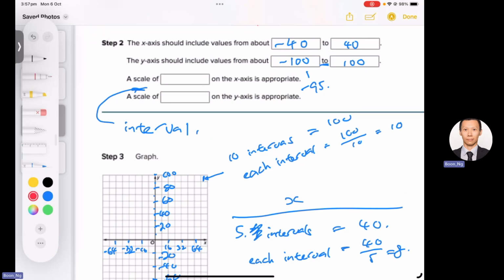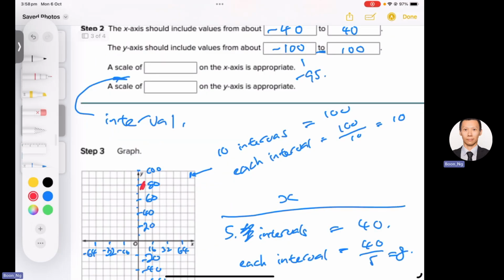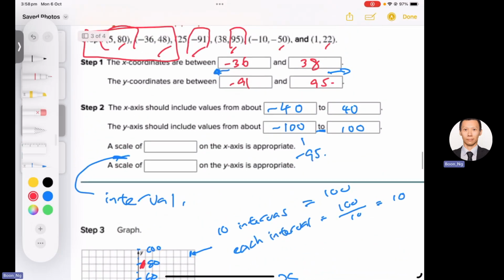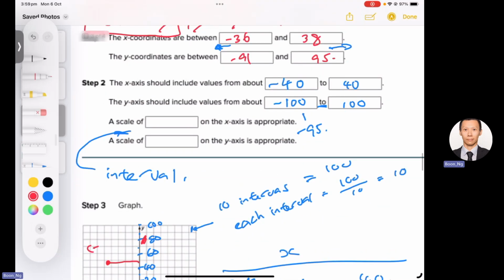Now all we really need to do is translate these points. 5 and 80, it will be somewhere around here. Negative 36 will be somewhere here. Negative, no, 48 would be, so negative 36 and 48 will be here.